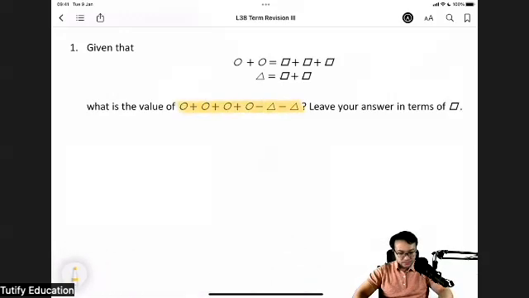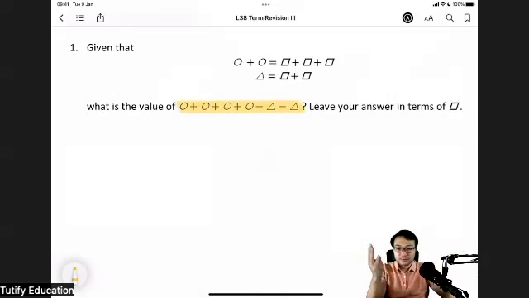They're asking you if you have 4 circles and 2 triangles, this will be equivalent to how many squares? You just have to give your answer in terms of squares. So how many squares equals 4 circles minus 2 triangles? I'll give you some time to try it first before I go through the answer.